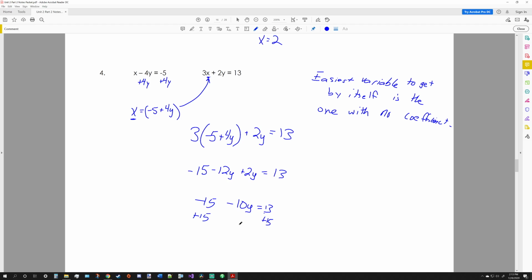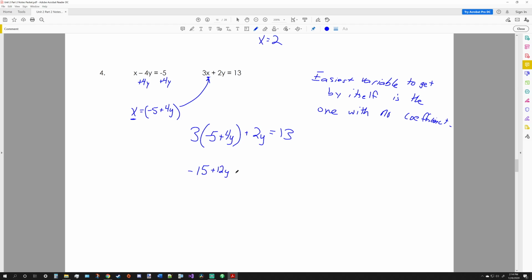Oops, sorry, made a mistake. Hopefully you guys caught that mistake. I'm just going to erase this stuff. So that was my mistake right there. I don't know why I wrote a minus 12y, but that 3 times 4y should be a positive 12y.